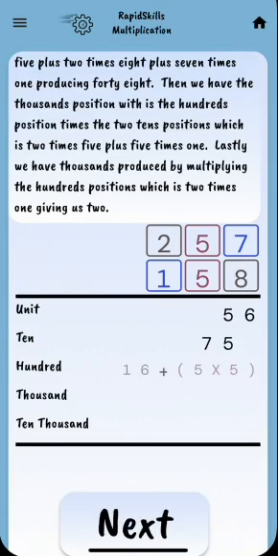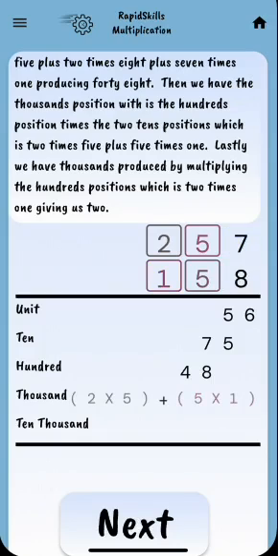This produces 5 times 5 plus 2 times 8 plus 7 times 1, producing 48. Then we have the thousands position, which is the hundreds position times the 2 tens positions, which is 2 times 5 plus 5 times 1. Lastly, we have the ten thousands produced by multiplying the hundreds positions, which is 2 times 1, giving us 2.